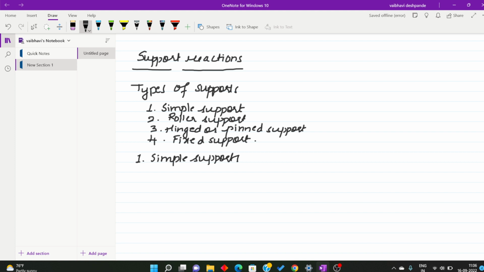What are simple supports? Simple supports are those which exert reactions perpendicular to the plane of support.